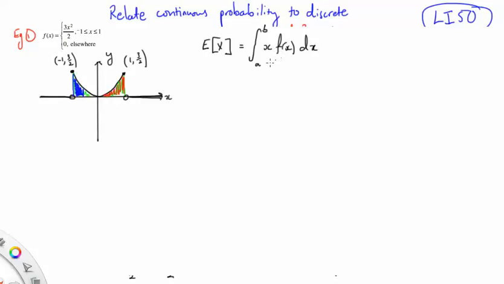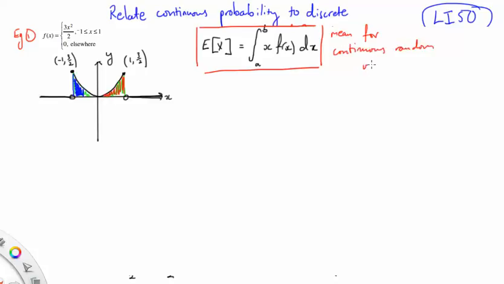That's how you find the mean for a continuous random variable. Very important formula. So that's the expectation, the mean for a continuous random variable.